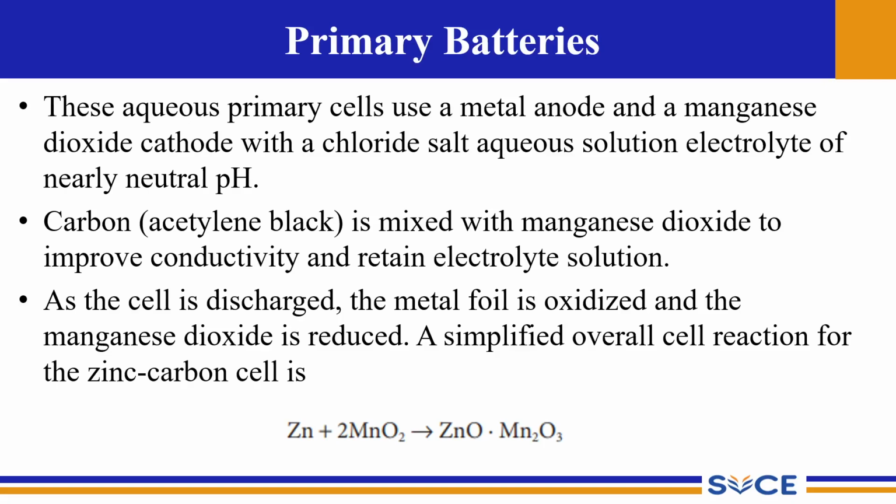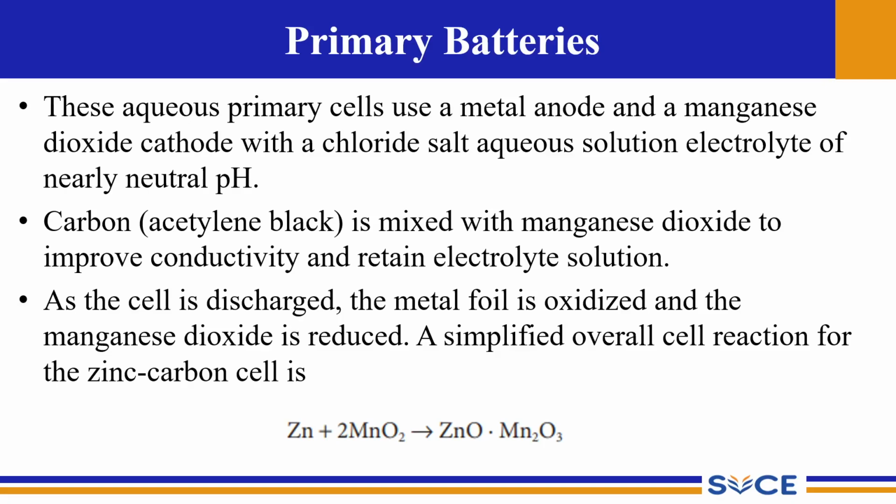So these aqueous primary cells use a metal anode. Zinc has historically been the most popular anode material due to its favorable electrochemical properties, compatibility with aqueous electrolytes, and low cost. They also utilize a manganese dioxide cathode and a chloride salt aqueous solution electrolyte of nearly neutral pH.